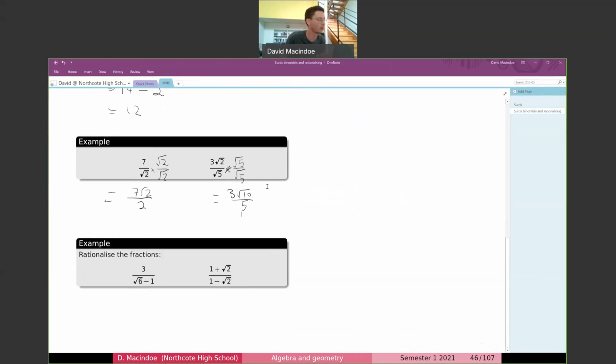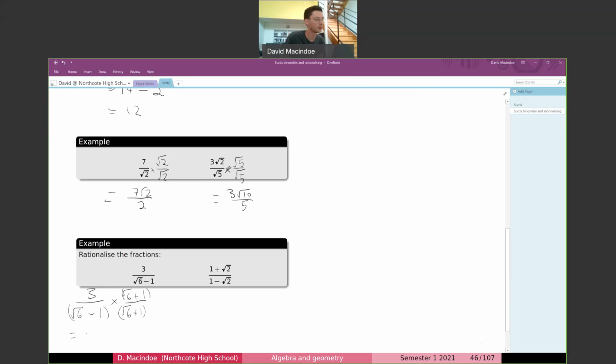So if we've got 3 on root 6 take 1, what we want to do is times it by 1 that is this binomial's conjugate, so root 6 plus 1. If you do that, on the top, you've got to times everything by 3, right? There's some implied brackets here.